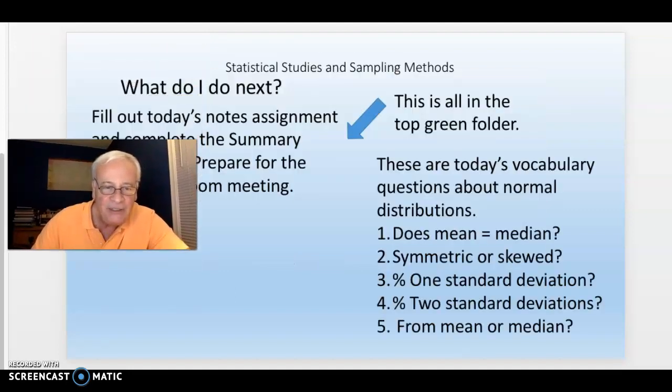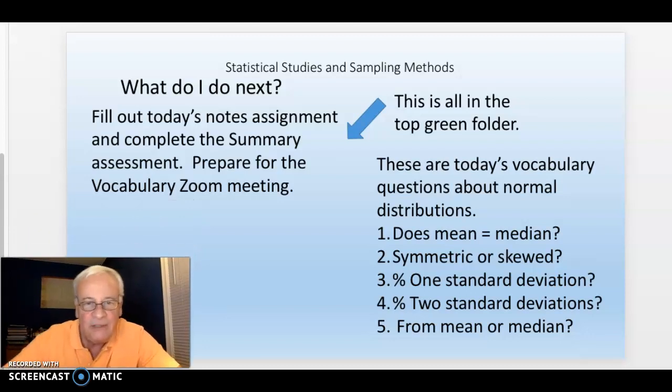Right now, what I'd like you to do is go ahead and complete today's notes assignment and complete the summary assessment. They're both in the same green folder that this video is in right here, okay? Guys, you're going to need to know today's vocabulary questions. We don't have vocabulary words today. We have some questions. They're kind of yes-no questions, all right? In a normal distribution, does the mean equal the median?